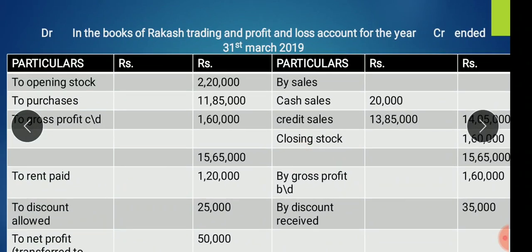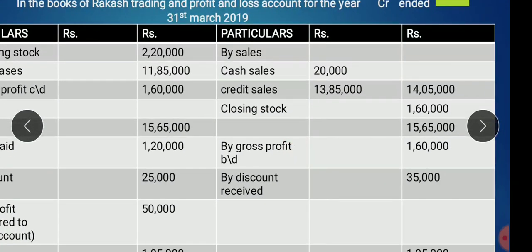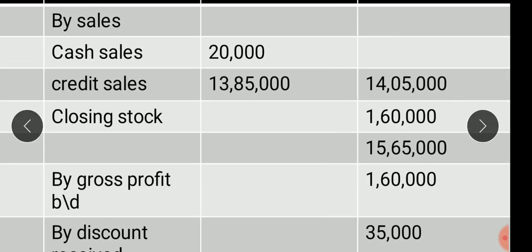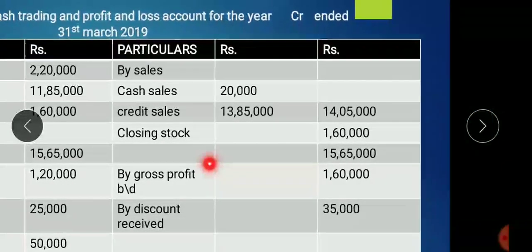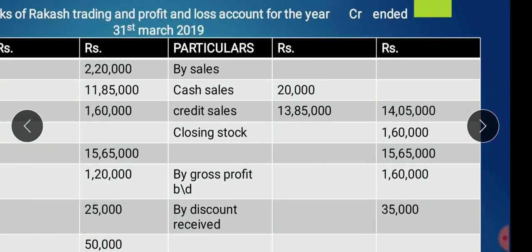Credit side: by sales, cash sales 20,000, credit sales 13,85,000, totally 14,05,000. By closing stock 1,60,000. So the total of the credit side value is the highest value, 15,65,000.